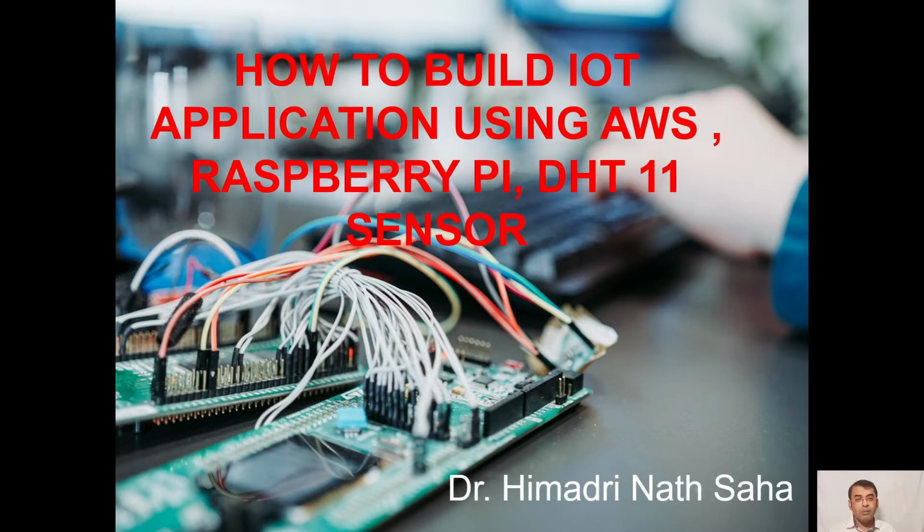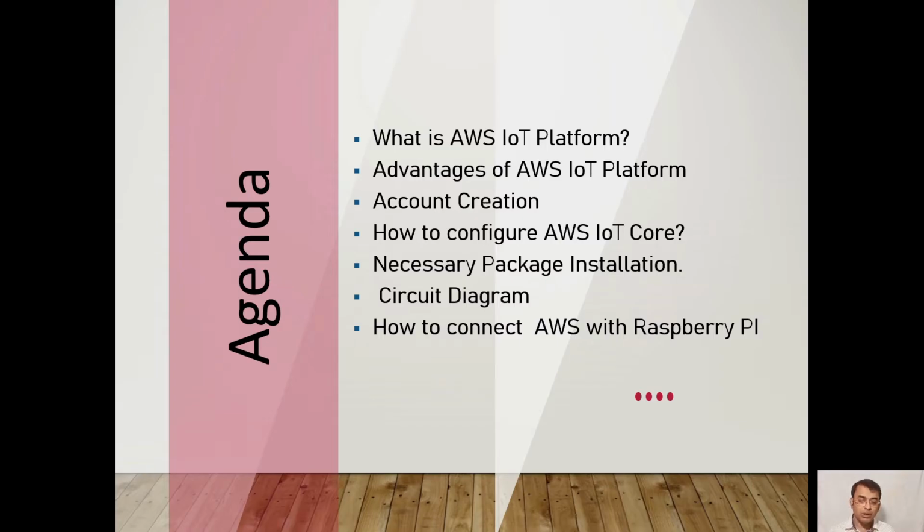Last session I demonstrated how you can connect the IBM Watson IoT platform with Raspberry Pi and the DHT11 sensor. At the end of this session, you will learn: what is the AWS IoT platform, advantages of the AWS IoT platform, account creation in the AWS IoT platform, how to configure AWS IoT Core, necessary package installation, circuit diagram, and lastly, how to connect AWS with Raspberry Pi.